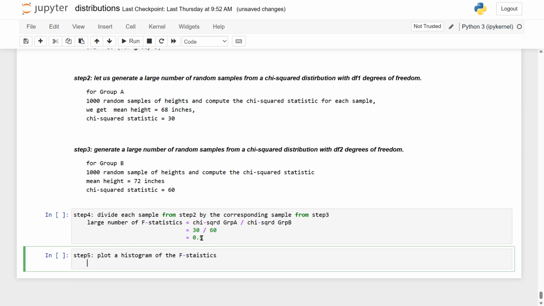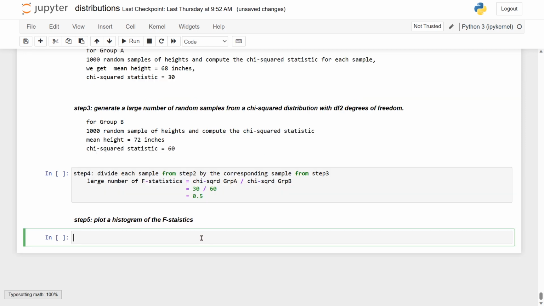Finally, this will give us an approximation of the F distribution with df1 and df2 degrees of freedom. Let's say we plot the histogram and get a distribution that is skewed to the right. That's what we'll get. Okay, and then with this, everything is done.